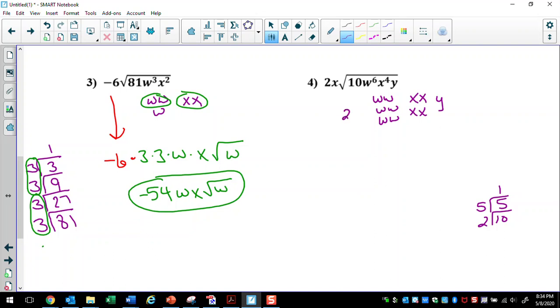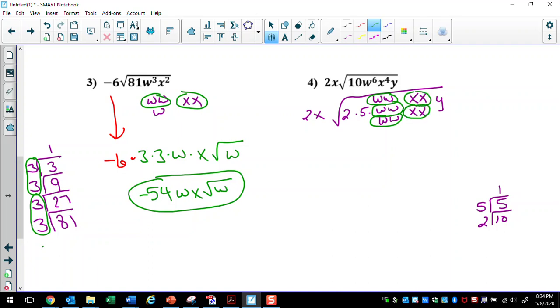I just broke everything down. And just throw it all back together. Alright, so now look for those pairs. No pairs here. But I do have a pair of W's. I have 3 pairs of W's. I have 2 pairs of X's.